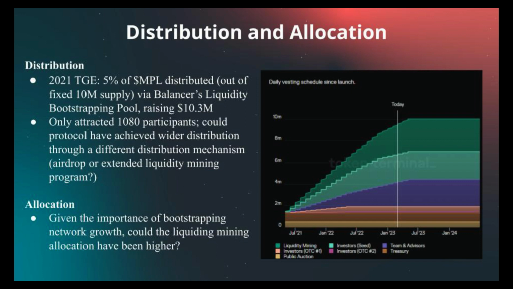However, I do think that Maple's underwriting model is probably better. They've had more delegates on the platform, and I think that's why their TVL is also higher. So it is a combination.